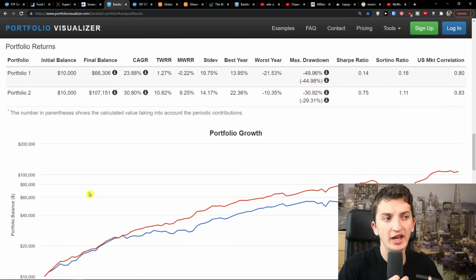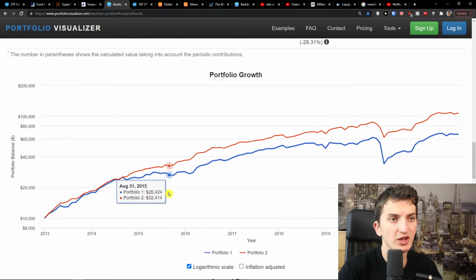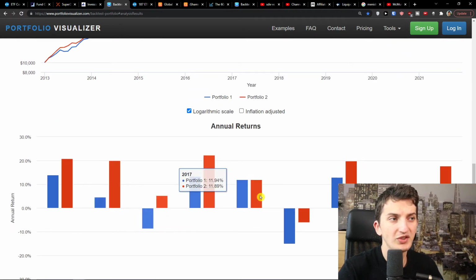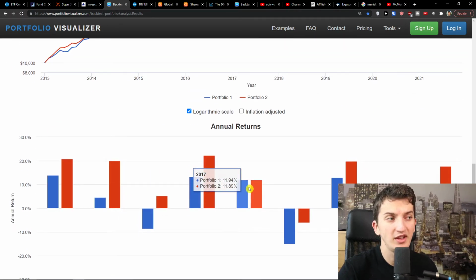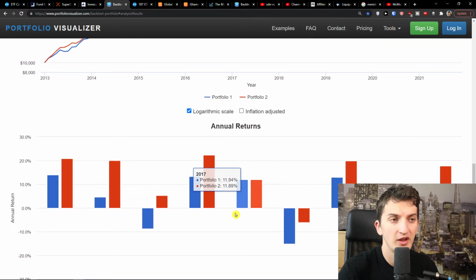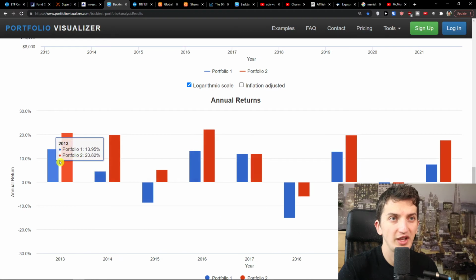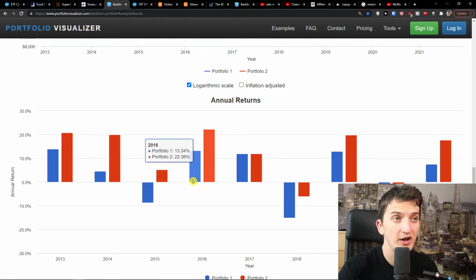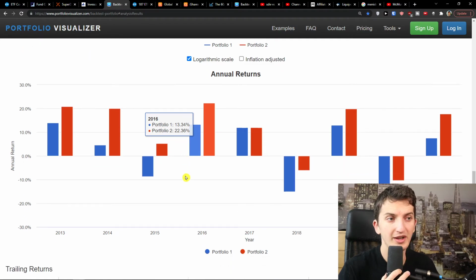Now we can clearly see that there wasn't a single month or single year that SDIV would outperform SPHD. It's important to say. You can see it every single year. And it's not only about the dividends, but also the growth of the markets.